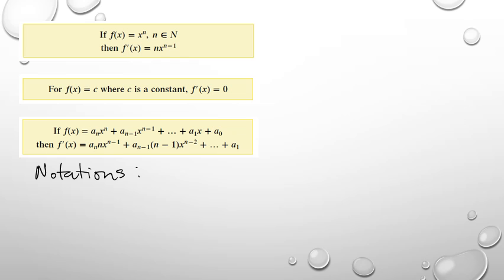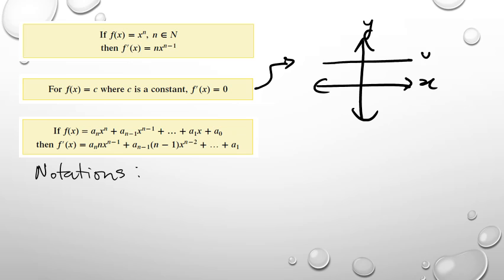Now, there's a couple of special conditions. They're not really that special, you'll see what they are. For f of x equals c, where c is a constant, that means if you have a number, for example, a 5 or a 2 or negative 3, whatever it is, then when you differentiate it, you should get a 0. Now, this should make sense because if you have, for example, f of x is 3, what's our gradient?